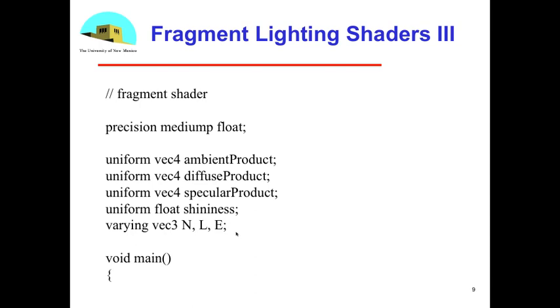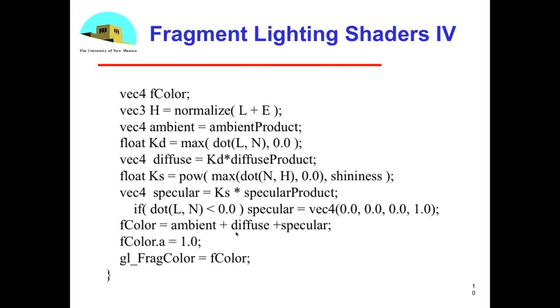And now if you look at the main and the rest of the fragment shader, gee, this is pretty much exactly what I had before. Every component is computed in the same way, and now I just output that color as the fragment color. I add up the ambient and diffuse terms and set the A component to be 1. So the code is almost identical.